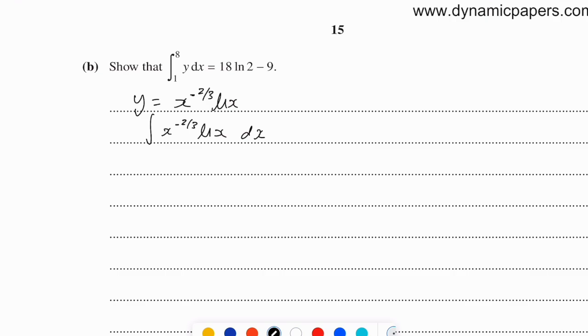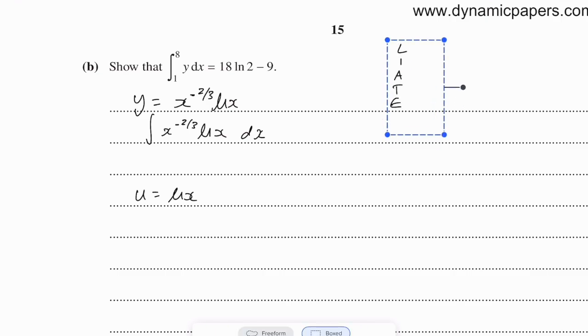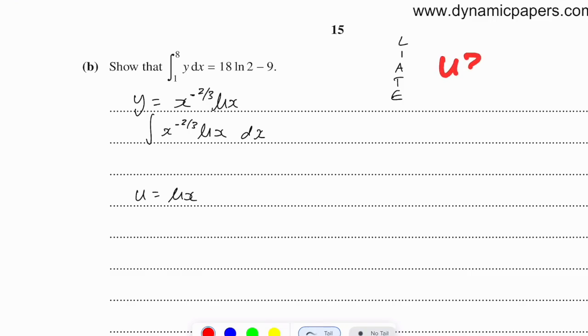Now, I can say that u is going to equal ln x. I remember this from our acronym LIATE, in terms of choosing u when doing integration by parts. The L, standing for logarithms, is at the top, so obviously that's the most important thing to pick.